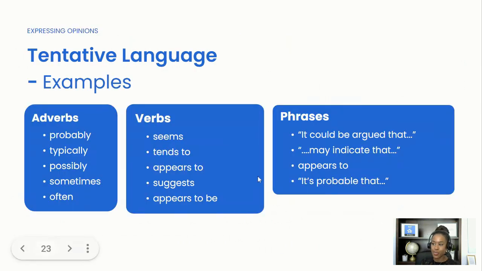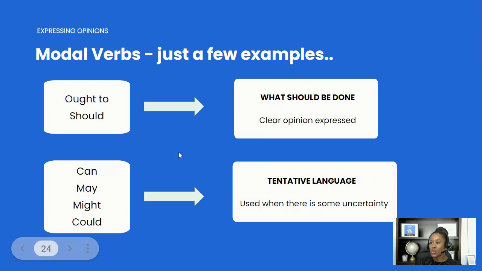Okay, here are some examples. So you might see adverbs, verbs, or certain phrases that show that there's a level of uncertainty. You might also see modal verbs being used, and these are often used when opinion is being expressed, saying what ought to or what should be done, for example.